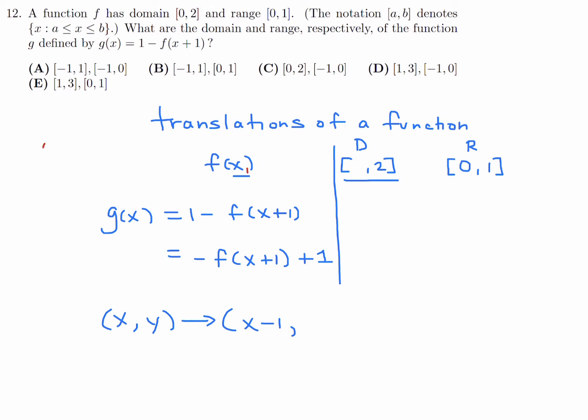So that means that x1 is the equivalent of x plus 1. This is the equivalent of this. And that means that if you isolate for just x, it's x1 minus 1. So this was x1 originally, and when I translated it, it became x1 minus 1. Okay, so I hope that makes sense.